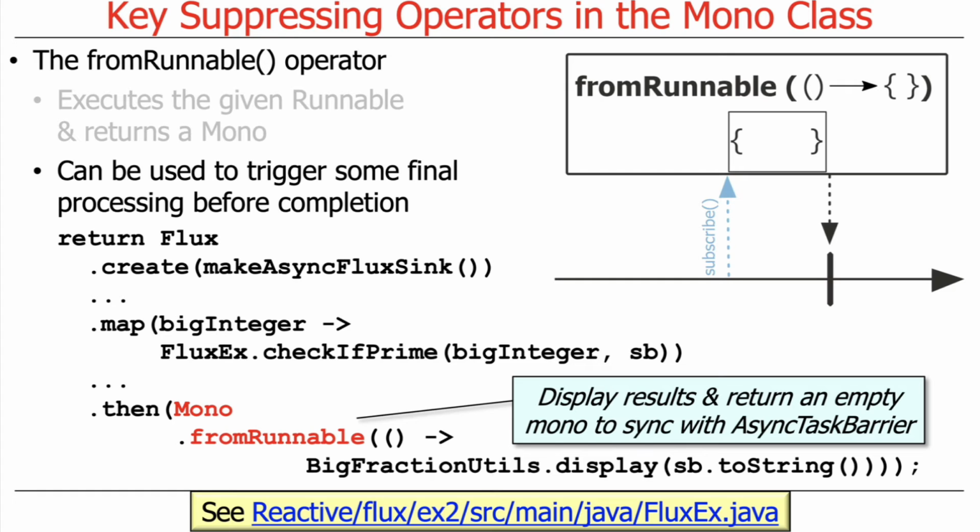And then we're going to have this Runnable called. The Runnable here is going to display the results of doing all this checking, and it will then return an empty Mono, which will sync with the async task barrier. So it's basically kind of like a finalize hook, if you will. It's a way of saying, before we're done, run this piece of code to print stuff out.